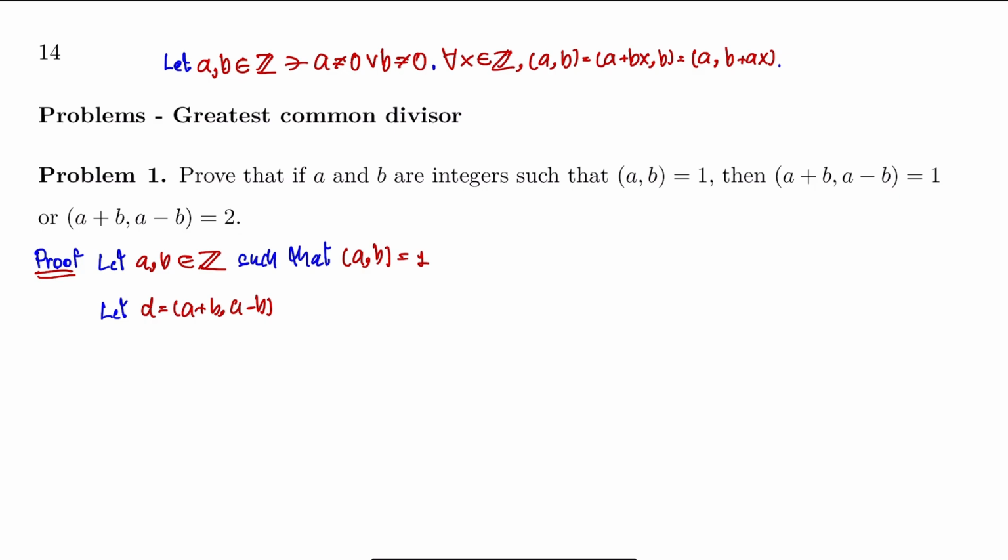Since d is the greatest common divisor, that means d must be greater than or equal to 0.